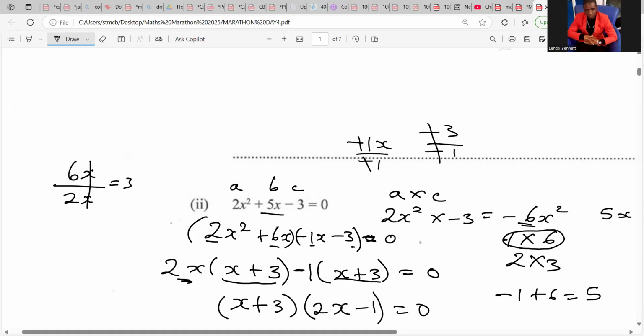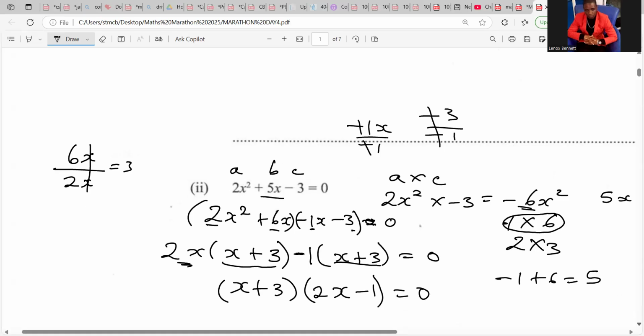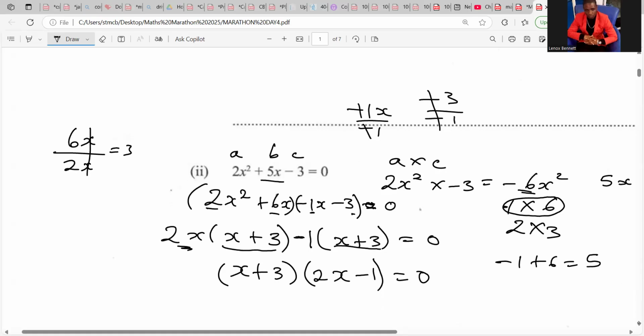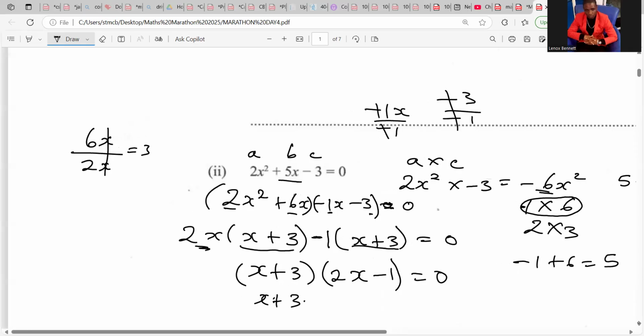We're not finished yet. What do you guys get? So we're going to take x plus 3 and equate it to 0, and solve for x. So x is equal to negative 3. That's one value. Also, 2x minus 1 equals 0. We're going to solve for x, so we get rid of this.